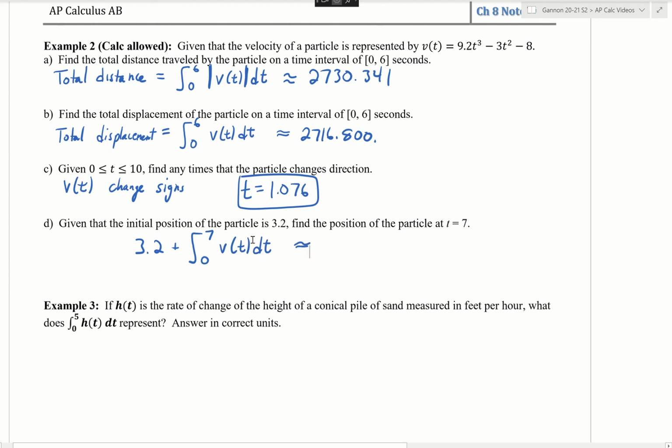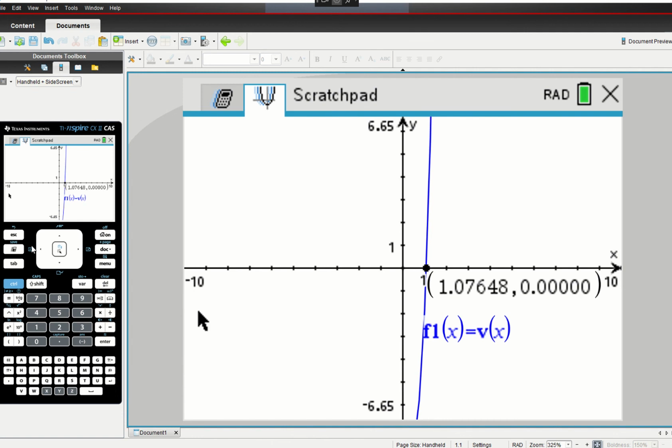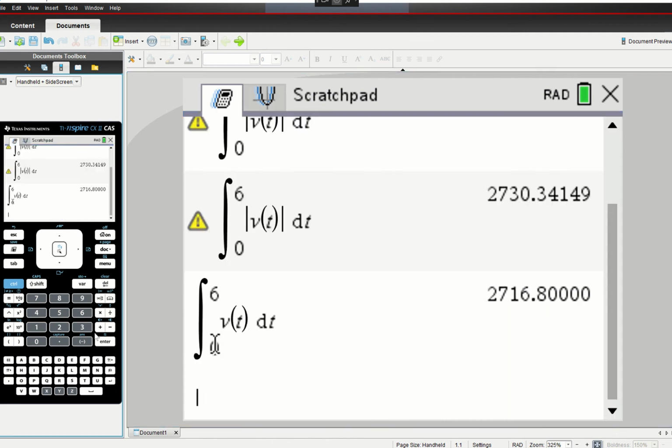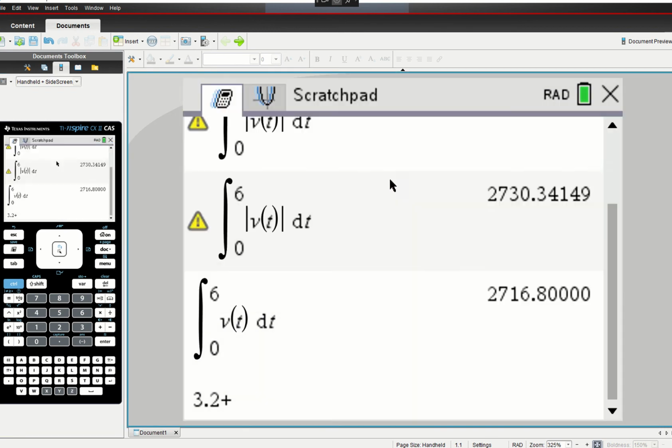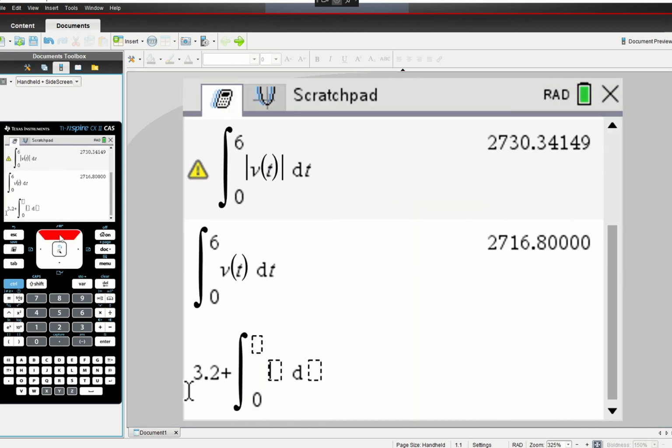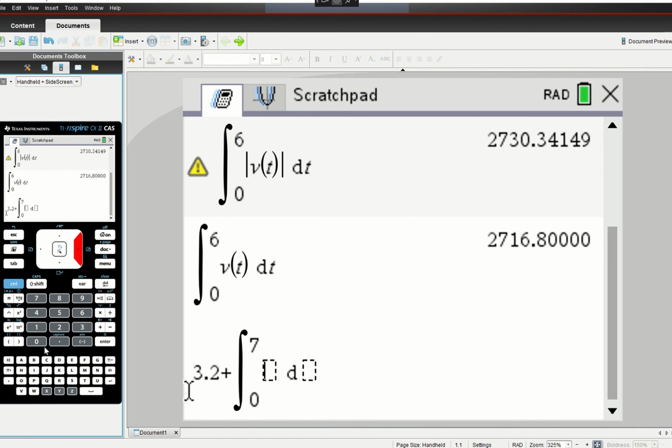Again, we've already stored v of t in the calculator, and that makes it very easy for us to type this in. So if we go back to the calculator, we're going to go back to that scratch pad. We've got 3.2, and we're adding the integral. This time it's from 0 to 7, v of t dt.